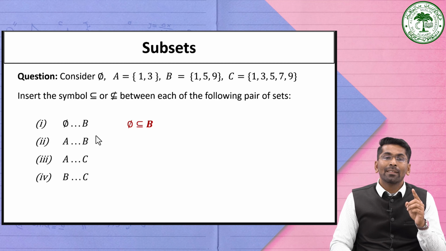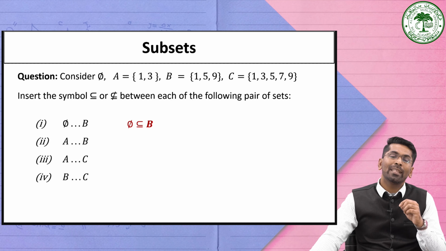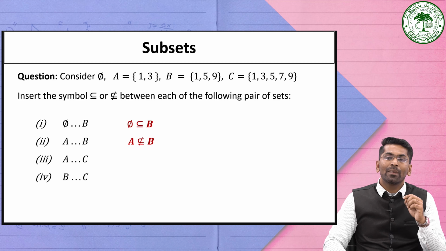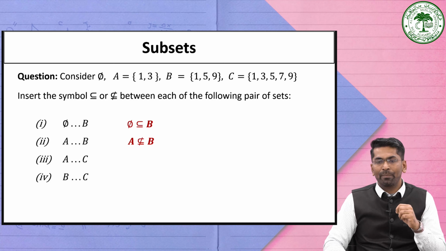Here set A is 1, 3 and set B is 1, 5, 9. Set A is not a subset of set B because there is an element in A, that is 3, that is not in set B. So we can write that A is not a subset of set B.